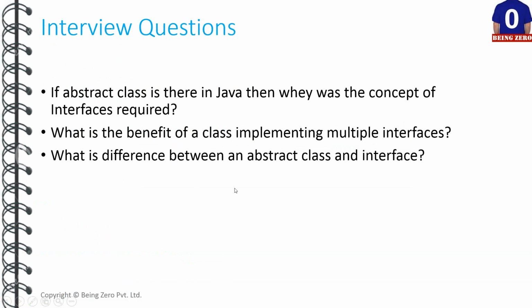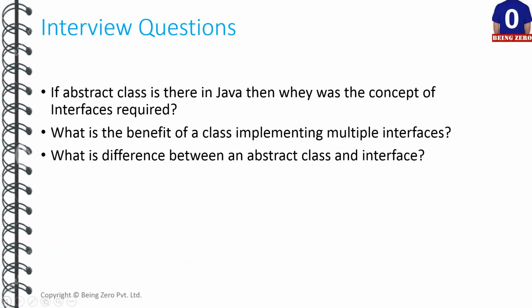What is the difference between abstract class and interface? I assume this question can be answered easily. An abstract class can still have implementation of one or more methods, right? Interface can never have implementation. That is one difference.